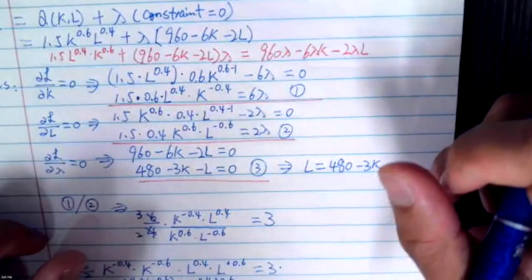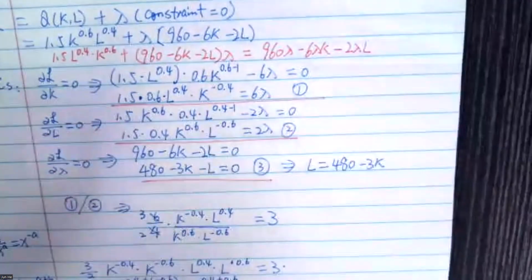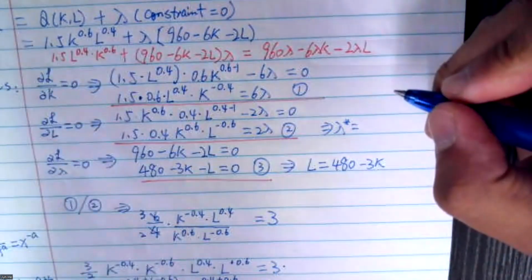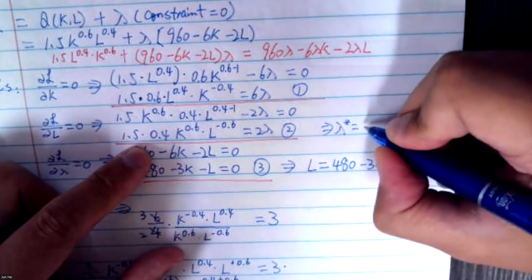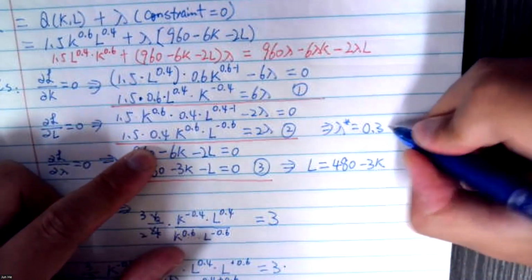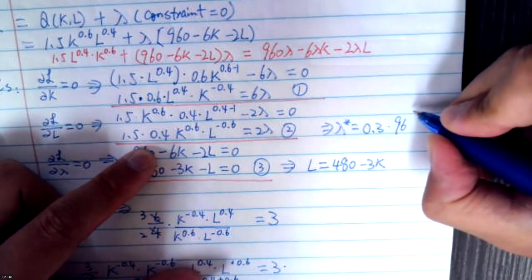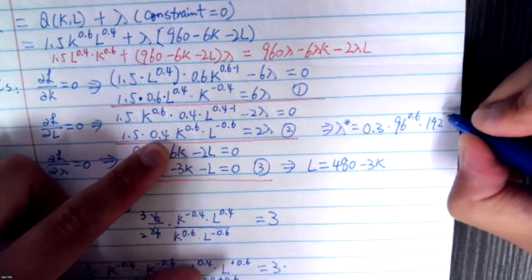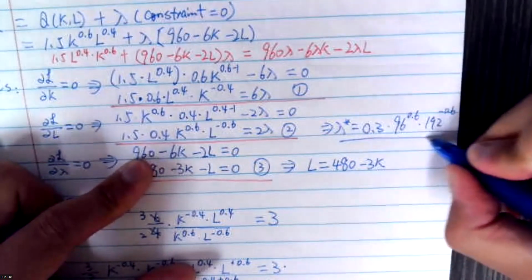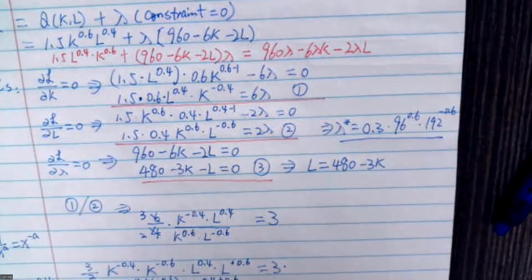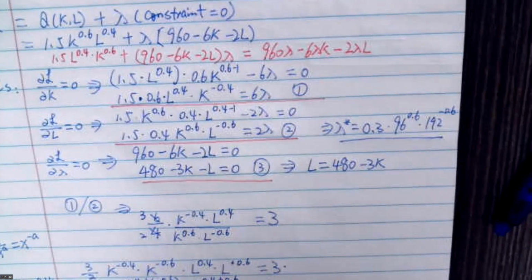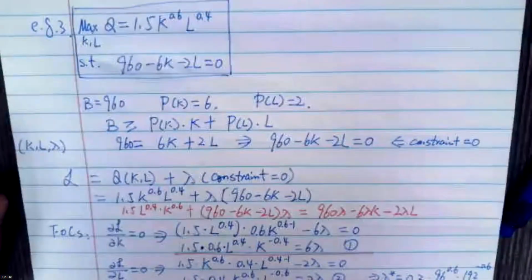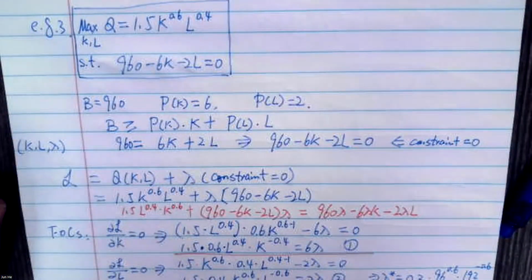to calculate for lambda, or equation 2 to calculate for lambda, right? So we have lambda star equal to 0.3 by 96 to the power of 0.6 by 192 to the power of minus 0.6. And this lambda star is how much the benefit is of having an additional dollar in the budget on the total output that you can produce, the optimal output that you can produce with this budget.